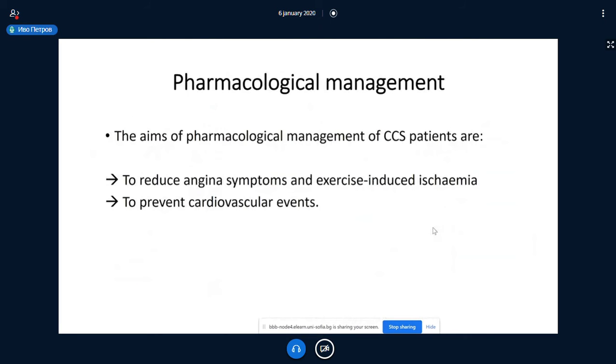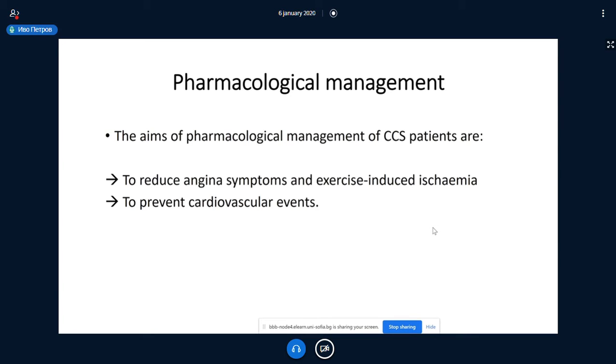Of course, it's important to emphasize that in all medicine, not only in cardiology, the main goals of the treatment are, first, to improve the risk profile and the prognosis, and second, to relieve the complaints, to relieve the symptoms.